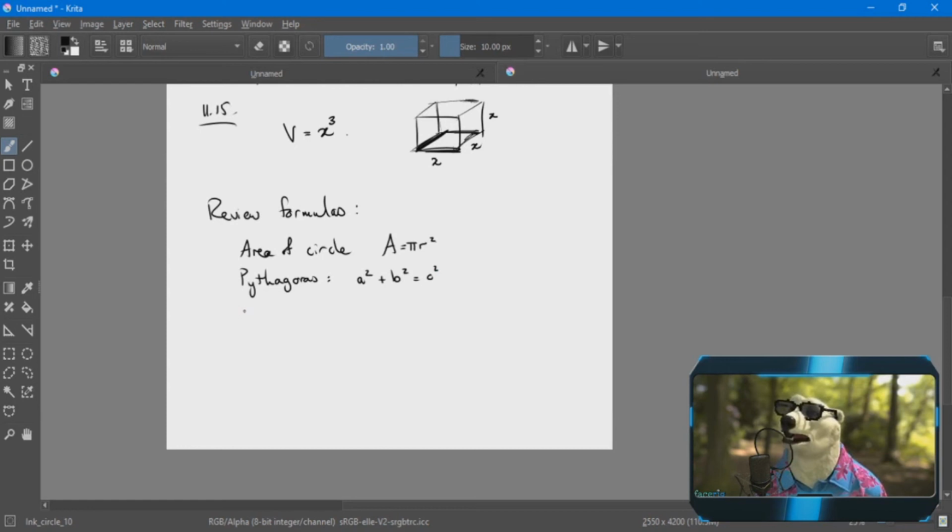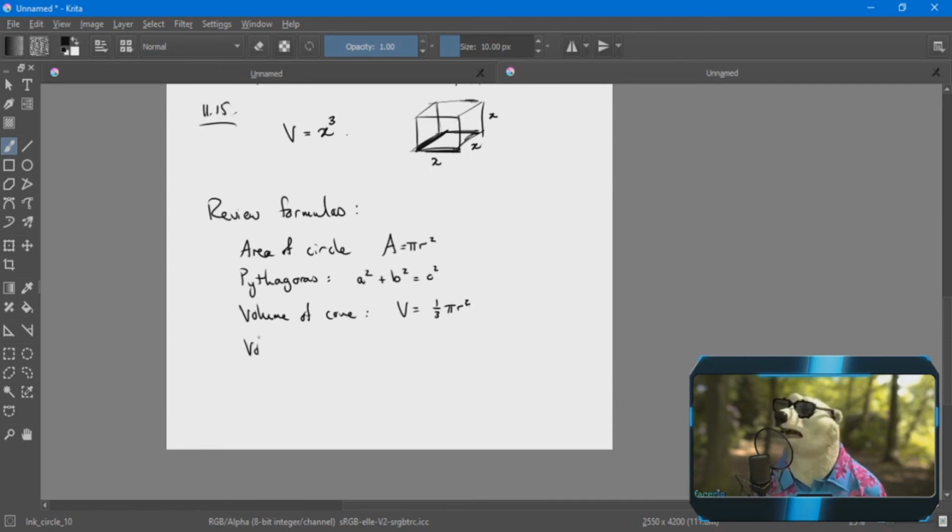Then we have a cone. Let's clarify that. Volume of a cone, which is a third pi r squared h.